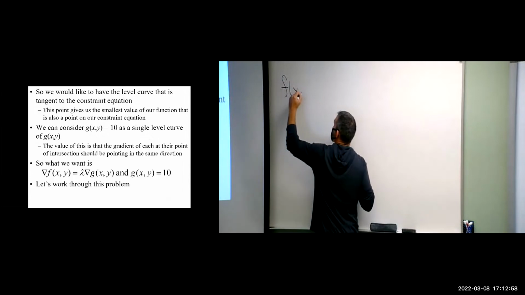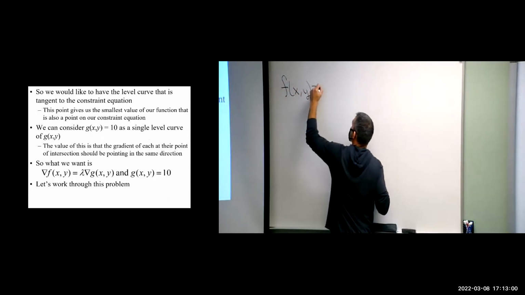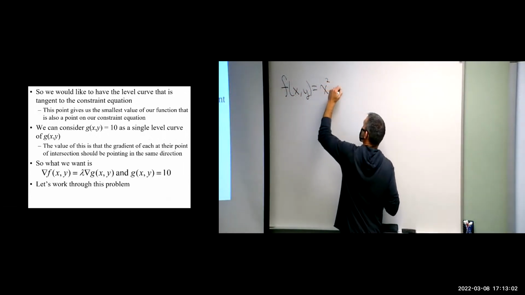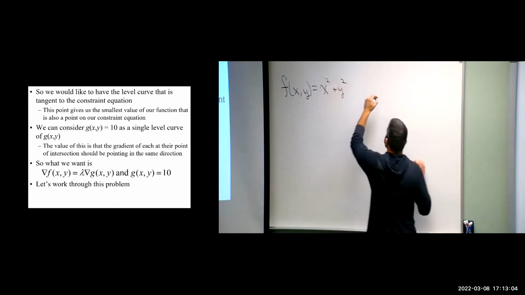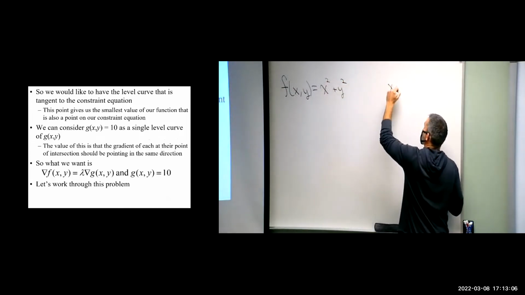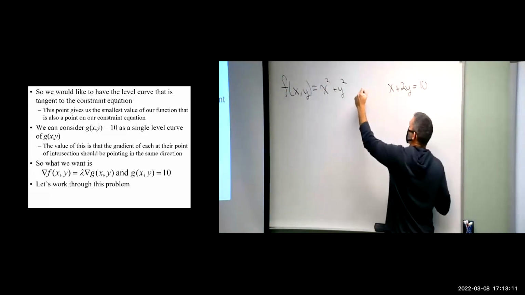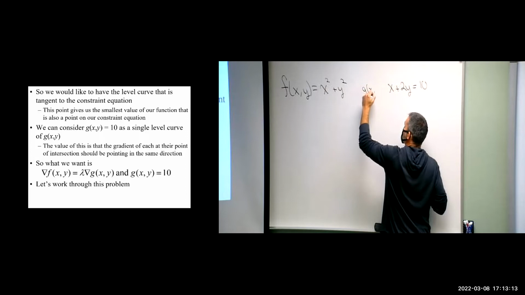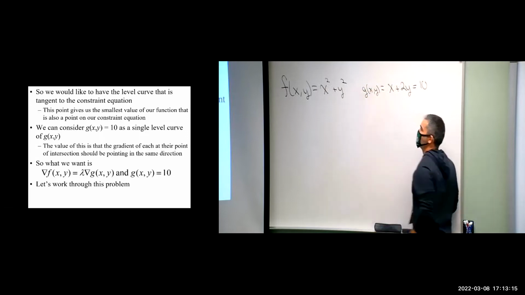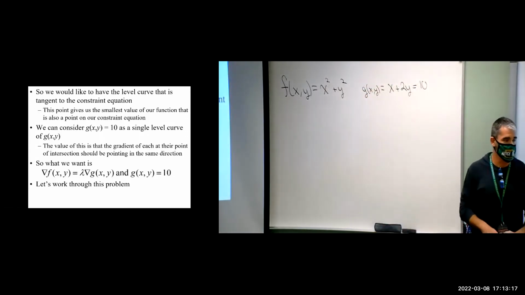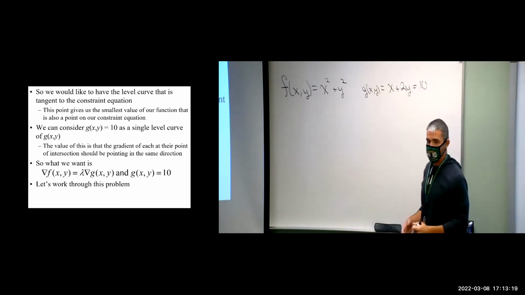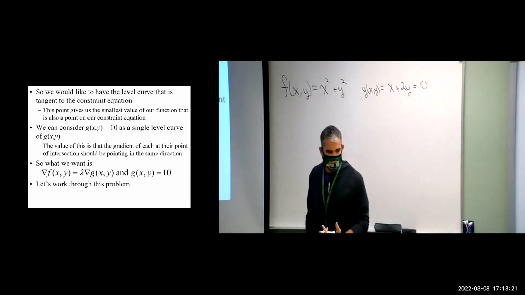f of x comma y equals x squared plus y squared. And we're subject to the constraint x plus 2y equals 10. And what we do is we call that constraint g of xy. So what we're going to do next, again, nothing bad, nothing hard. We're going to find the gradient of each.